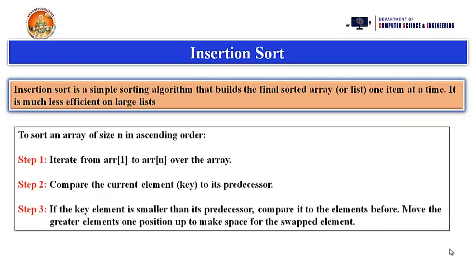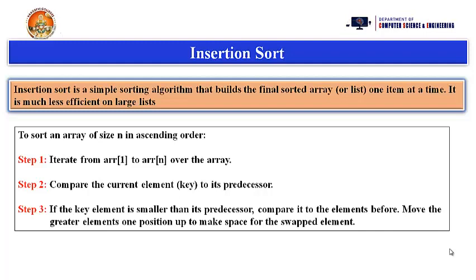So what are the steps to sort the elements using insertion sort? Step 1, we need to take the iteration, meaning we need to take the loop from the first position of the array to the nth position of the array. Step 2, compare the current element to its predecessor. So we need to take one value and compare that value with the previous element.